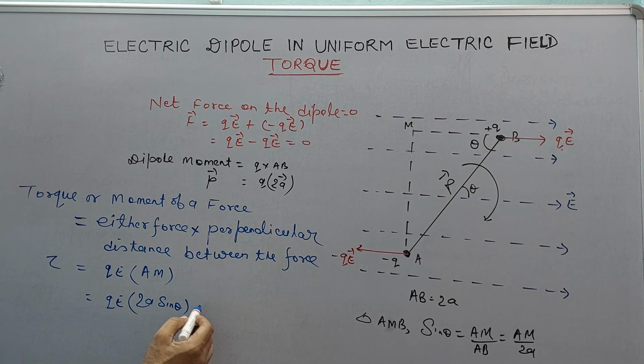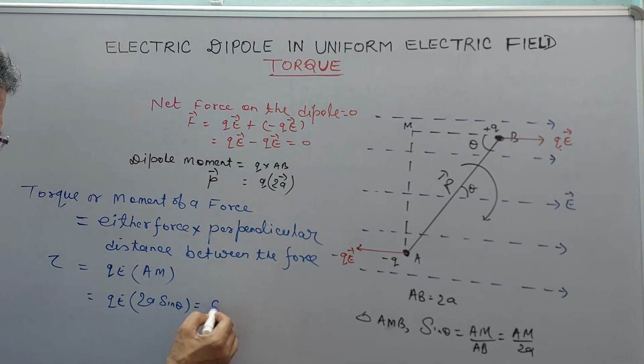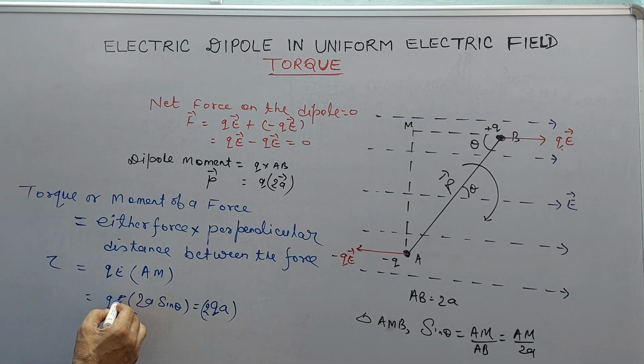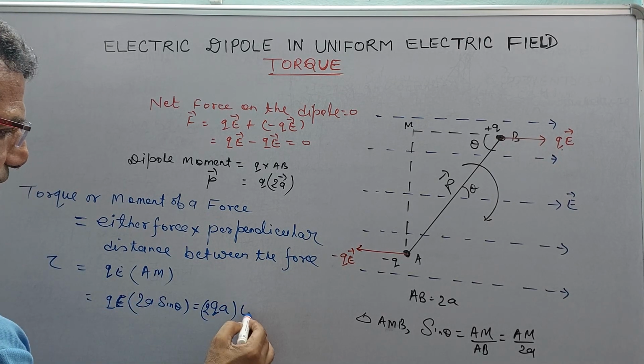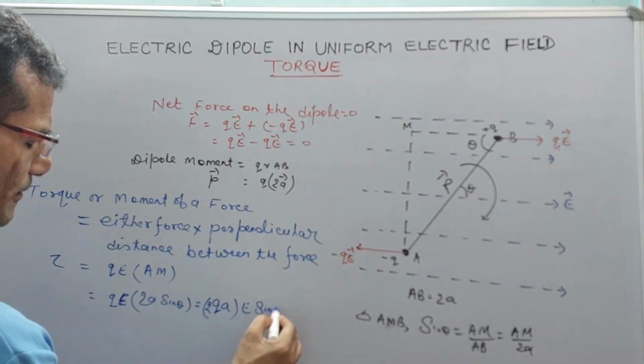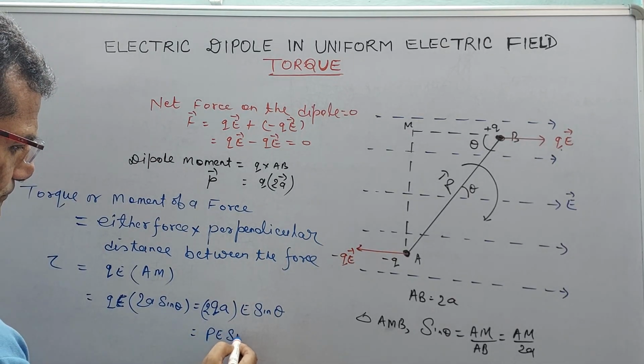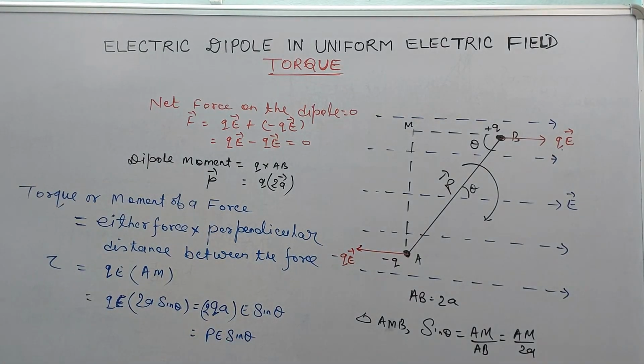So this can be written as q times 2a times E sin theta, and this becomes pE sin theta. So pE sin theta will be the torque, or moment of force.